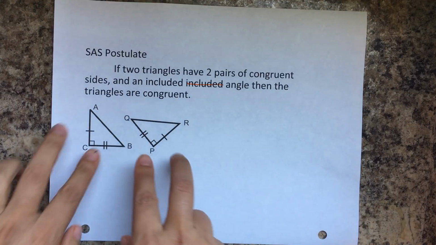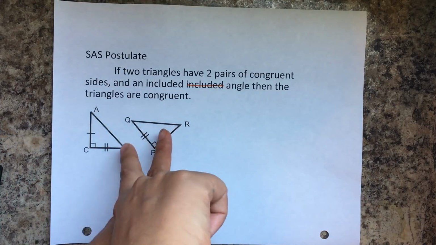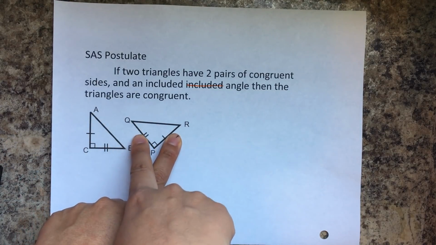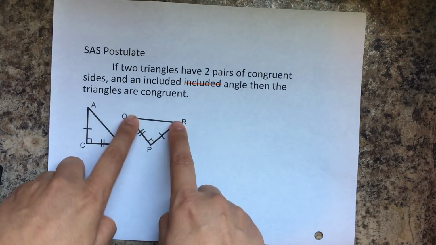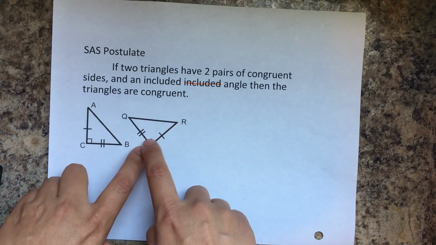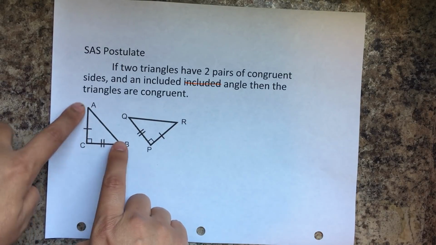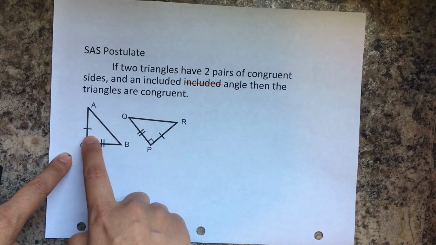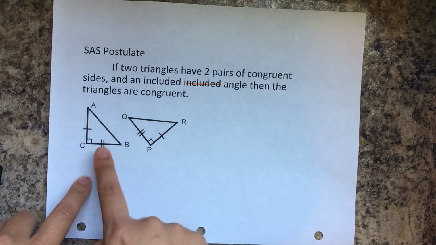Okay, so these two sides are congruent to these two sides, and the angle in the middle of the two sides, or formed by the two sides, is congruent to the other angle in the middle of those two sides, then that means that the two triangles are congruent.